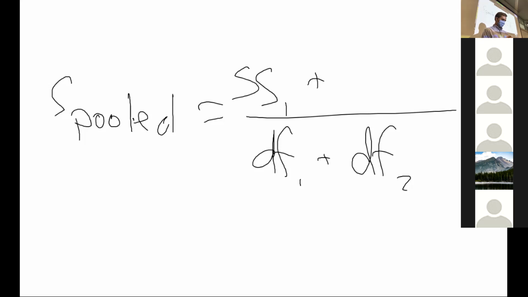Using that pooled variance, rather than getting the individual variance for each group, you're putting the two variances together and trying to estimate the variance for the population based off of that extra information that you have.